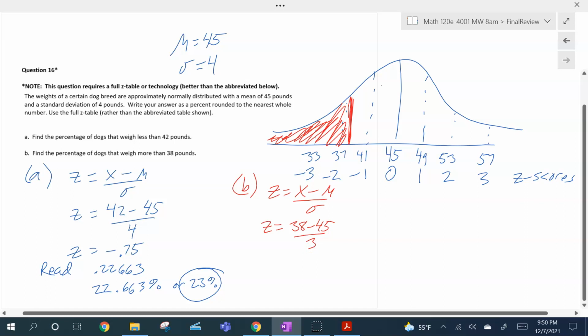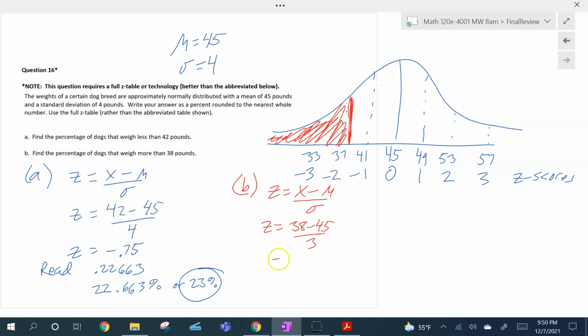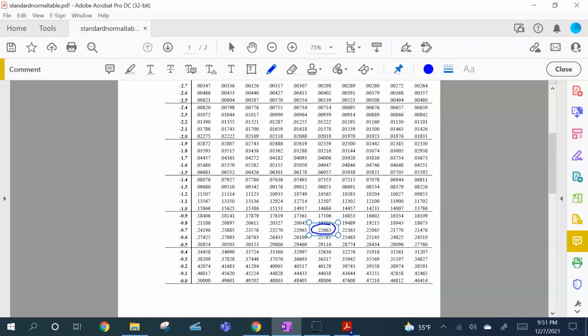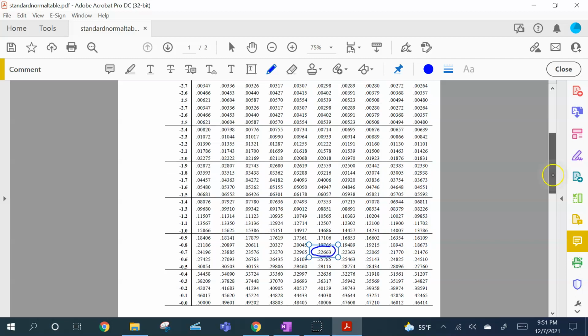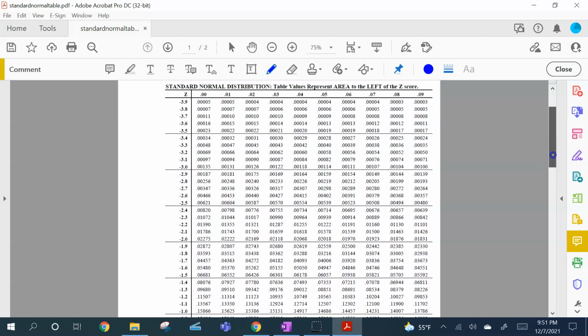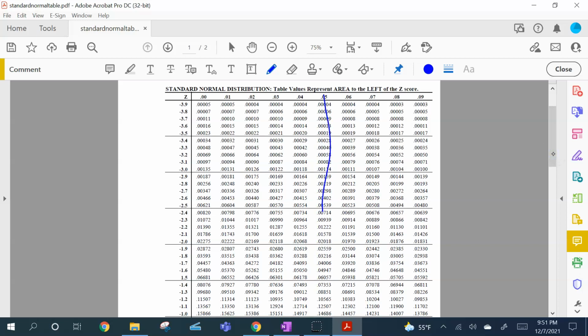38 minus 45 all over 4. So I got negative 7/4, so negative 1.75. Let's read the z-table, negative 1.75. So I'm reading on my 5s here, negative 1.7.